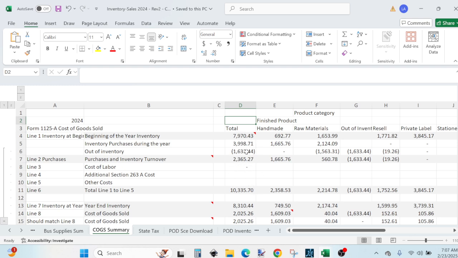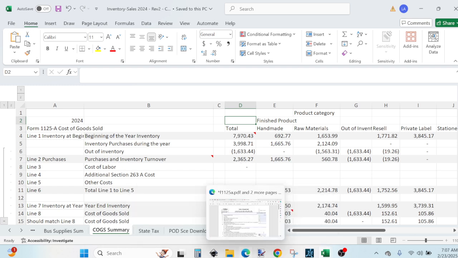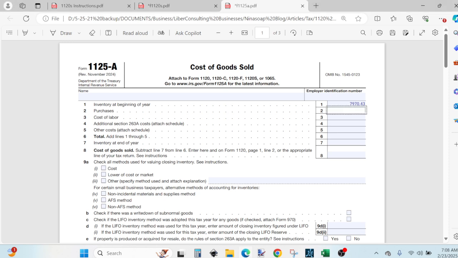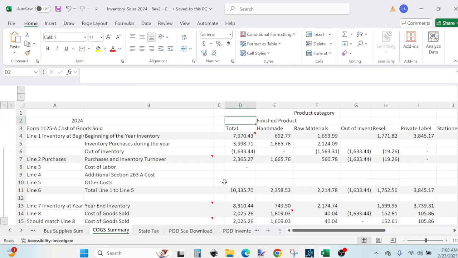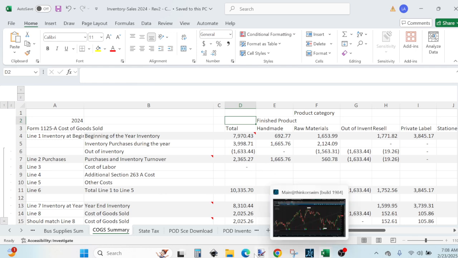So your purchases during the year, in this example, is 2365.27. We can check that: 23, 65, 27.